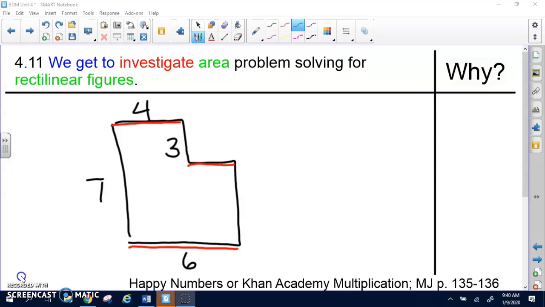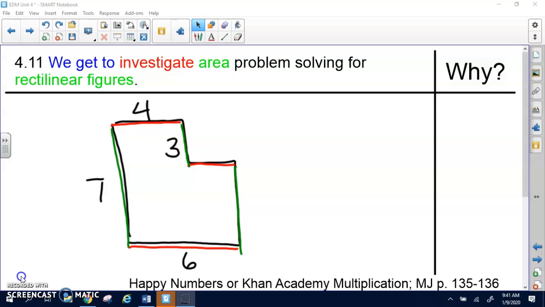We do know the length of this side, and we know the length of this side, but we do not know the length of this side. Are we okay with that? So in order to find the area, the first step is to find the unknowns here, based on the knowns. What's one way we could use our knowns to find the unknowns?